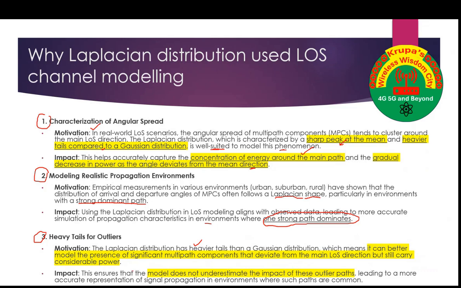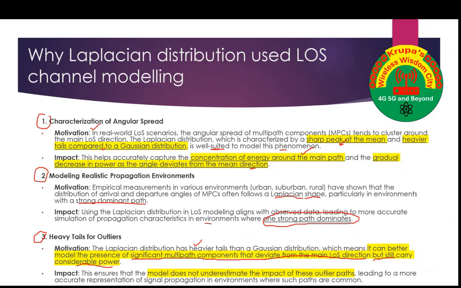It can better model the presence of significant multipath components that deviate from the main LOS direction but still carry considerable power, which is not addressed by the Gaussian distribution. This is a very, very critical point.